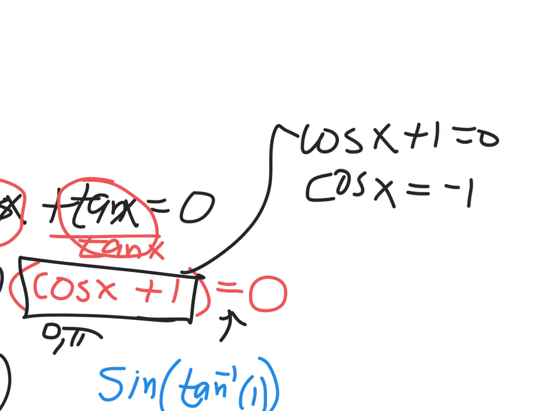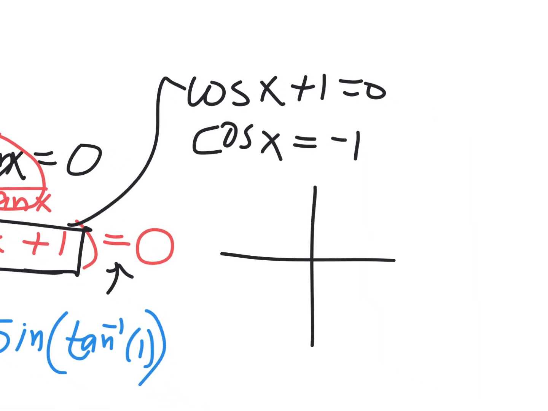That would never be true, because cosine never goes down to as far as negative 2. But cosine being negative 1, that exists. It does. I know there's a spot where x, cosine is the x over r. I know there's a spot where x is negative 1, and that would be there, which would be pi. You get with me that that's pi?